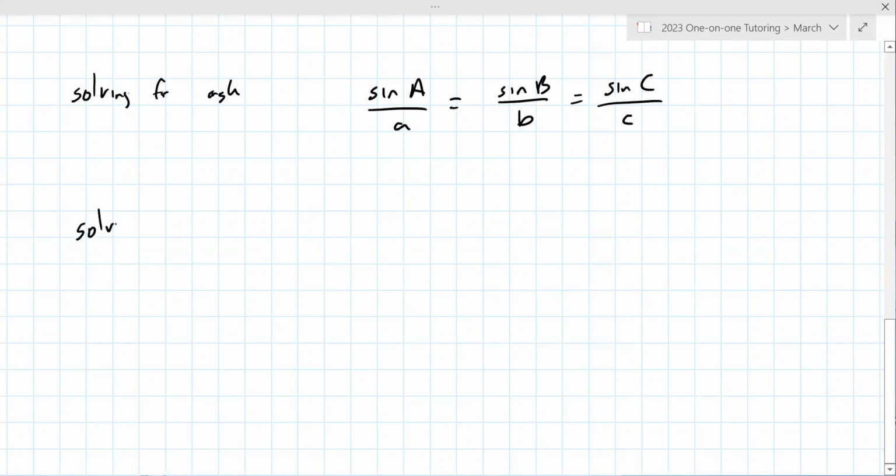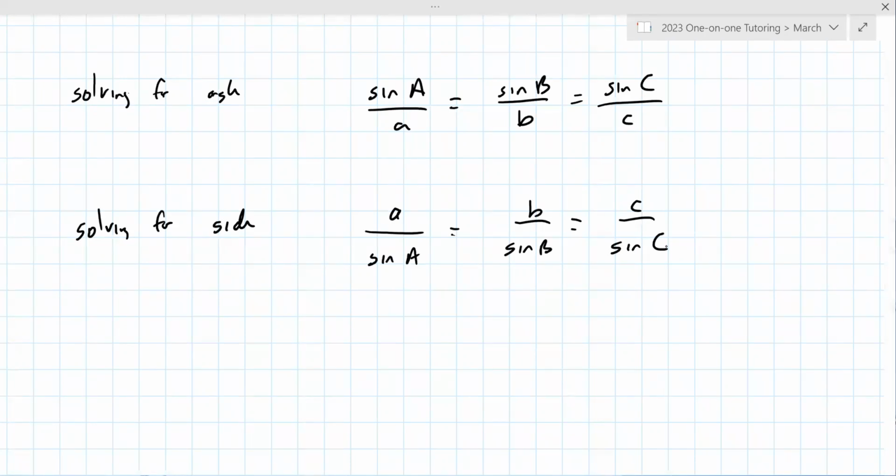If you're solving for a side, it's a over sine big A equals b over sine big B equals c over sine big C. Okay, so it really depends. And I always prefer to put the thing that I'm solving for in the top left. That's kind of my preference here.